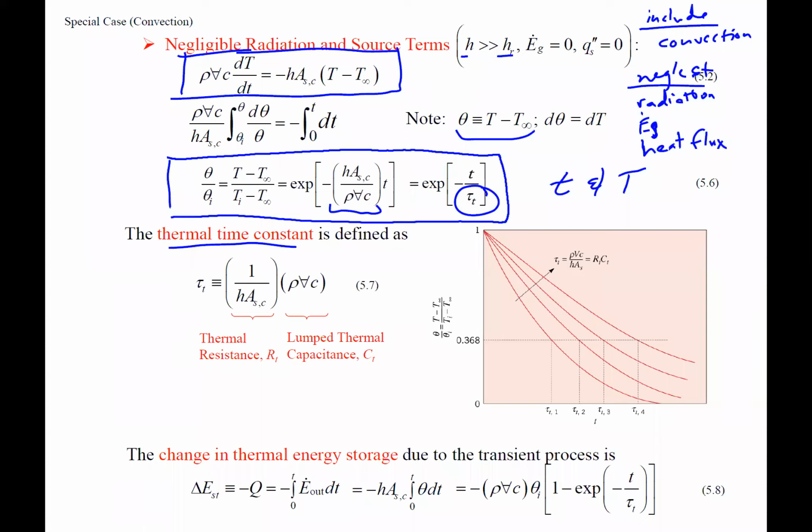You have a thermal resistance, our equivalent for the resistor, which is 1 over convection times its surface area, so it's the convection resistance. And then the thermal capacitance, which is density times volume times specific heat, which is mass times specific heat. So that's kind of like the energy it can store.